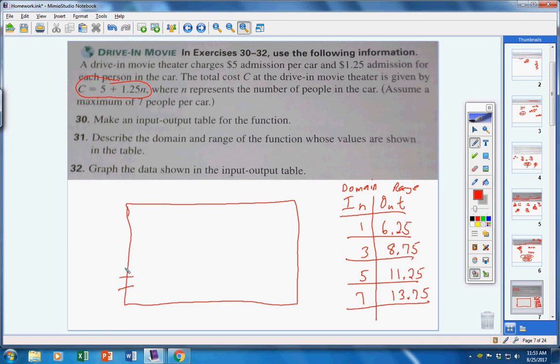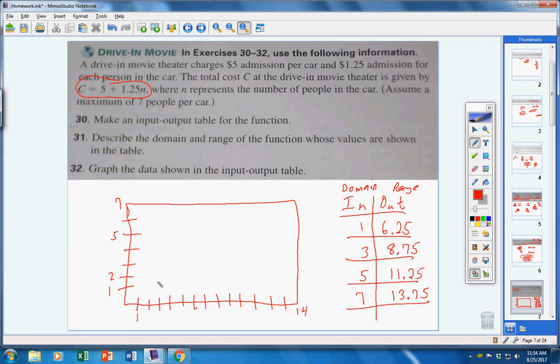We'll just say 1, 2, 3, 4, 5, 6, 7. Alright. And down here we're going to 13.75, so we'll go 14. So 1, 2, 3, 4, 5, 6, 7, 8, 9, 10, 11, 12, 13, and that's 14 right there, and this is 1 right here.